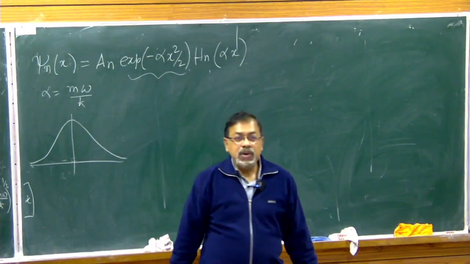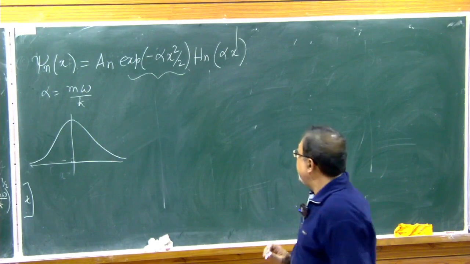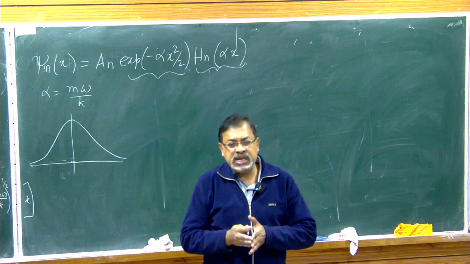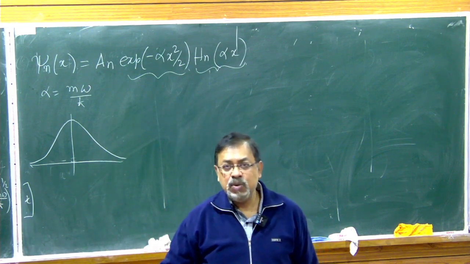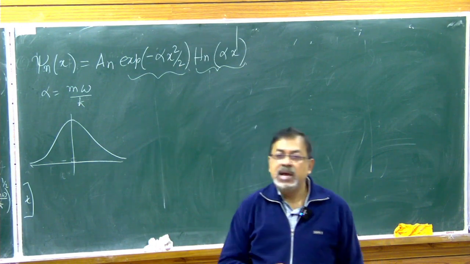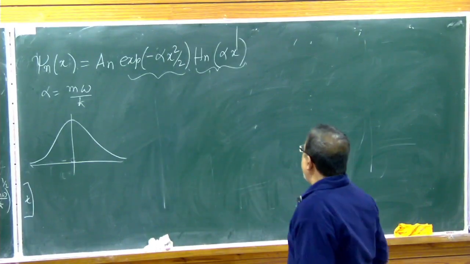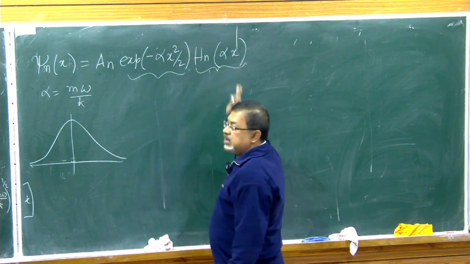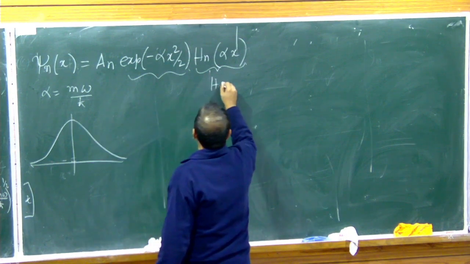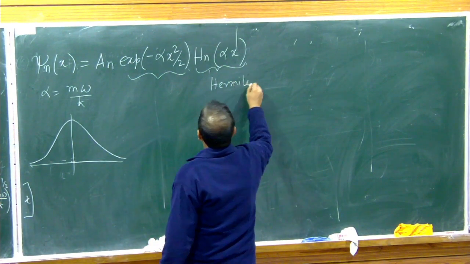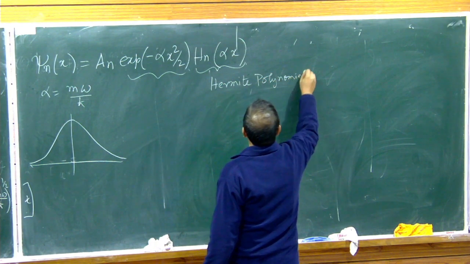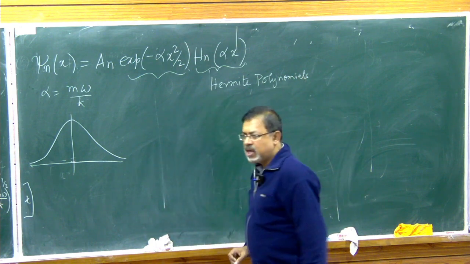Now, it is not only a Gaussian, it is a Gaussian multiplied by a function, and the function is an algebraic function of x, where x is the position variable. This particular function is called the Hermite polynomials. It's just a name, and you really do not have much to do with it, except knowing that they are called Hermite polynomials.